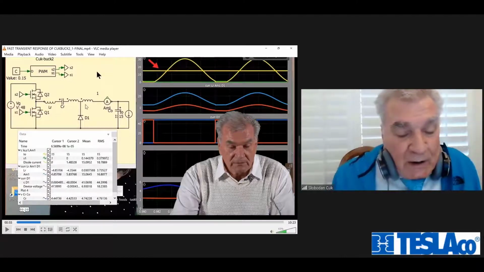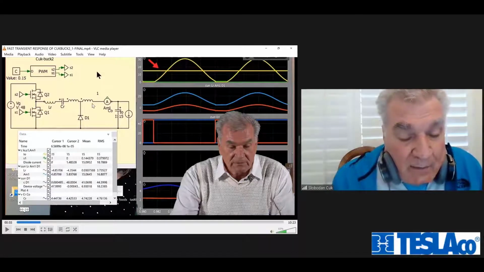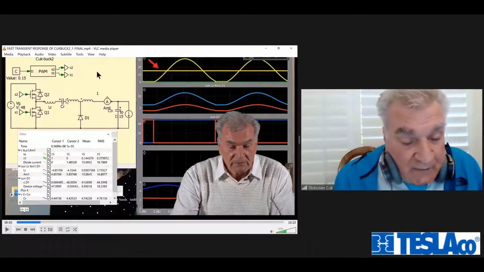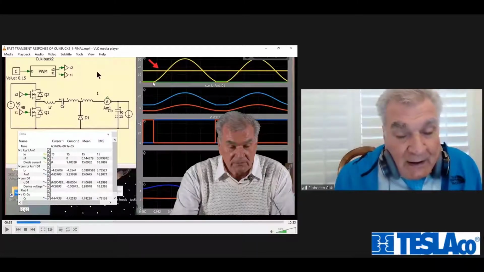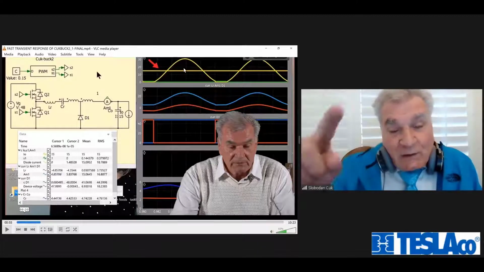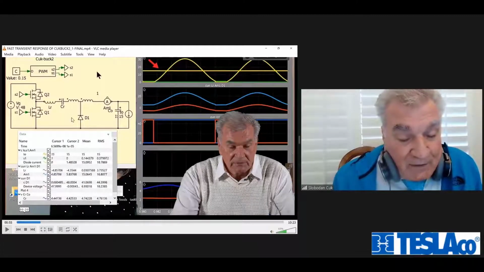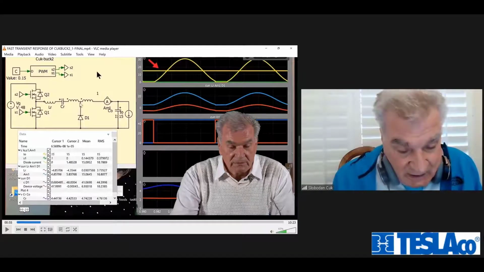Now you see one transformer that I made for the first time, which operates with a square wave or rectangular voltage drive across the whole windings. So there is a square wave voltage drive imposed here, but unlike the square wave current in an isolated Cuk converter, now I have a current in the primary, this diode current.